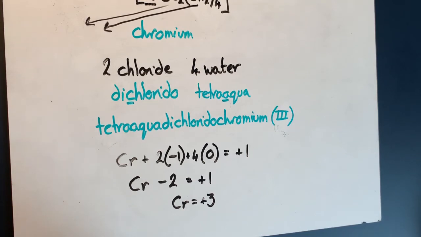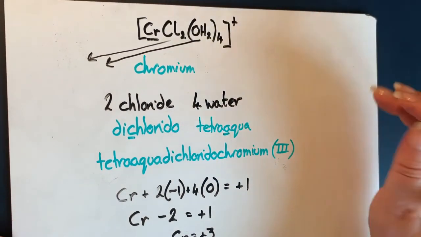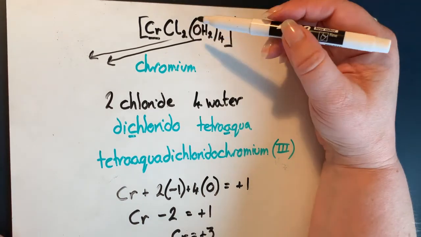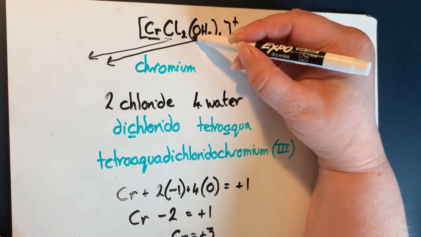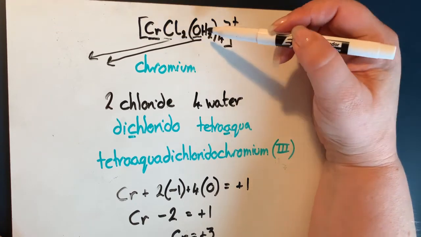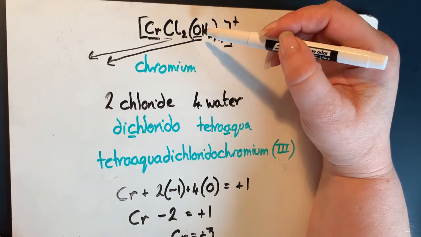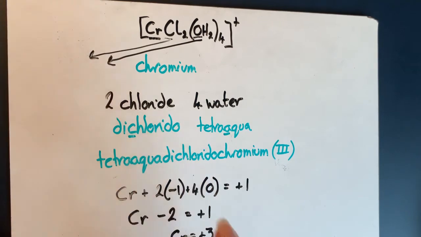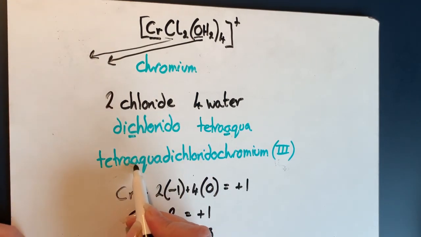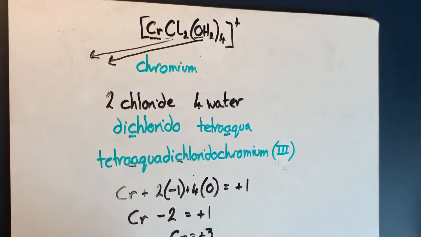It's an interesting one to note because it highlights the fact that the ligands are always in alphabetical order. So they're alphabetical here, so the chlorine comes before the oxygen based on the first letters. But they're not in the same order in the name because our aqua is coming before our chlorido.